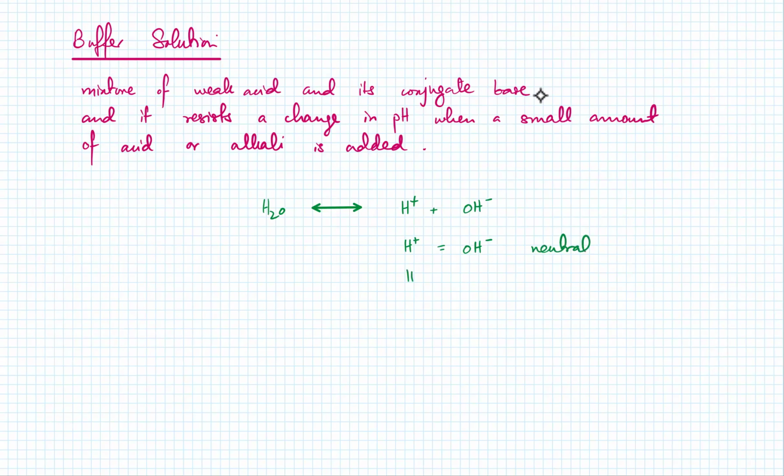If there are more H plus ions in the solution, that means you've added an acid, and that would make the solution acidic. And if there are more OH ions, that means you've added a base or an alkali, and that makes the solution basic.